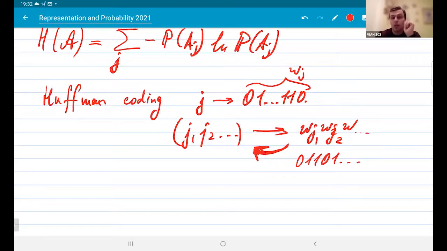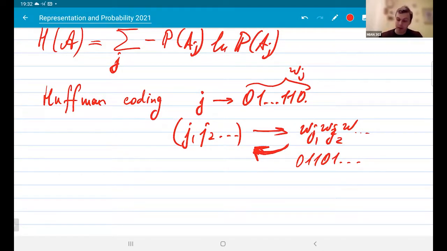If I want this coding, I need that no word is a prefix for another word Wj.